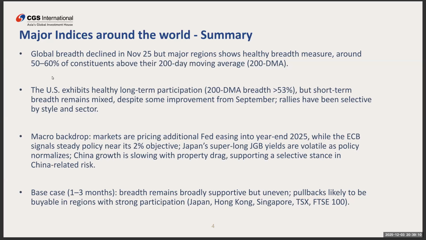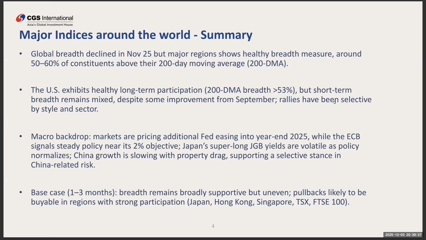The US, though it has dropped from 65% to 53%, is still above the healthy range. If you factor in the 50-day DMA, it is over 70%. So short-term breadth, though it remains mixed, compared to September to now, including October, we are still higher than what we saw in September.